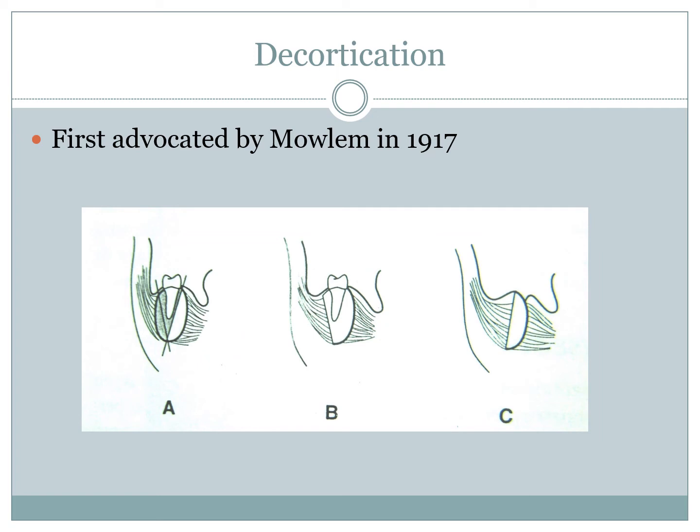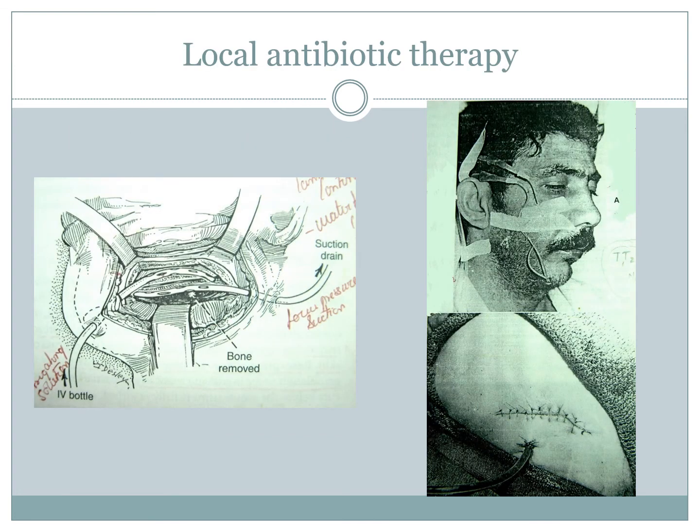Decortication removes poorly vascularized bone but brings it to well vascularized bone, so we can achieve normal bone. Local antibiotic therapy gives a high local concentration with minimal systemic levels.